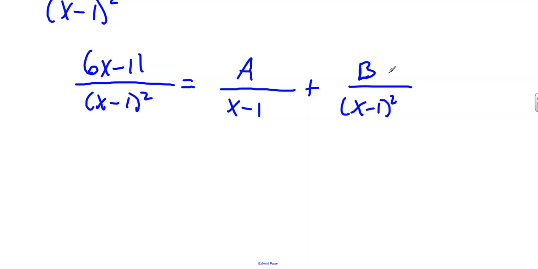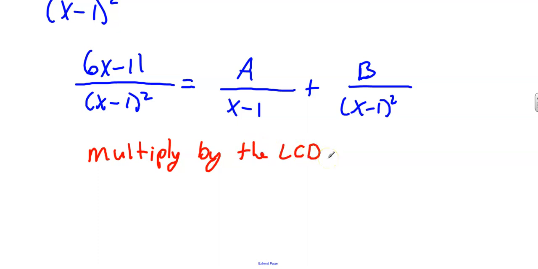To actually solve it and get the values, what you're going to do next is multiply by your least common denominator, which basically is going to be the original fraction.